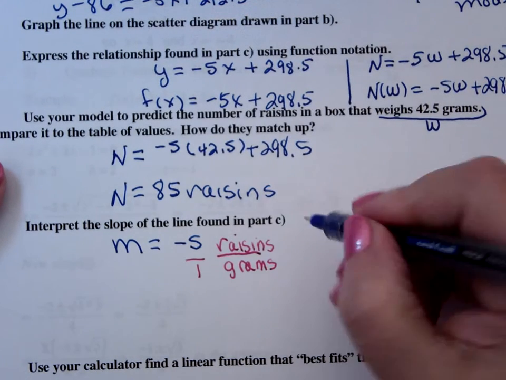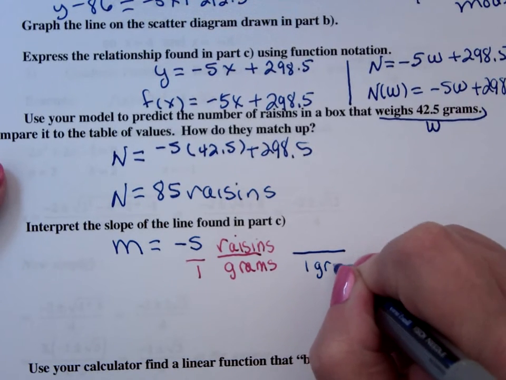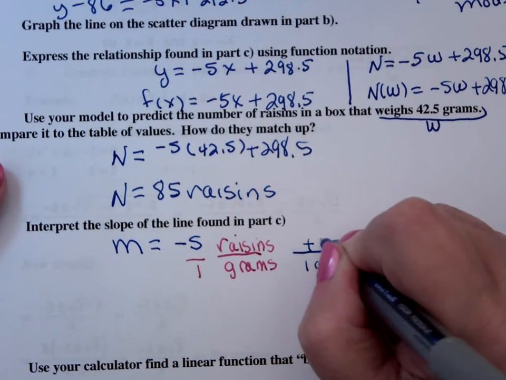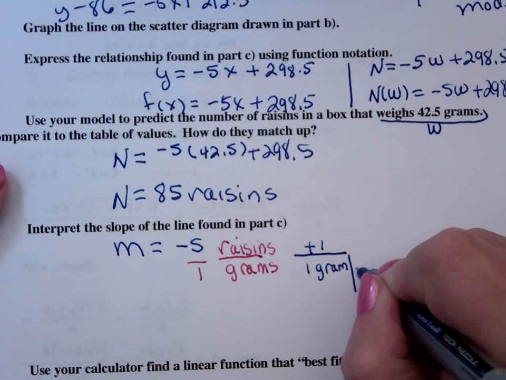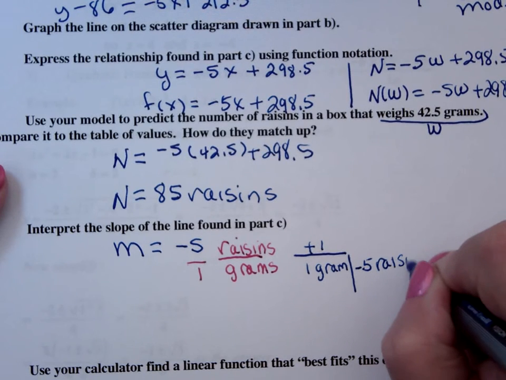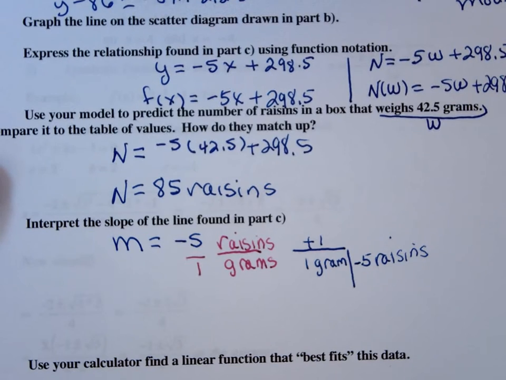And the picture says 1 gram. So add 1 gram. This is a -5 raisins, which we know is silly, but that's where we are.